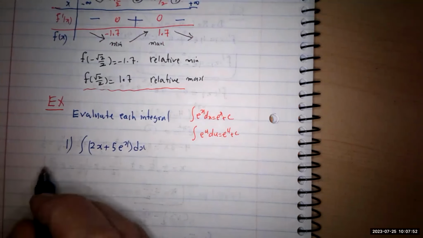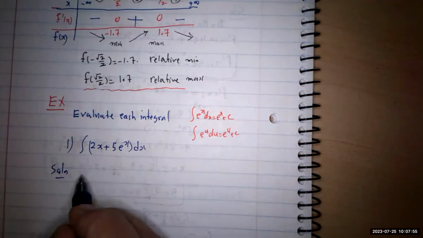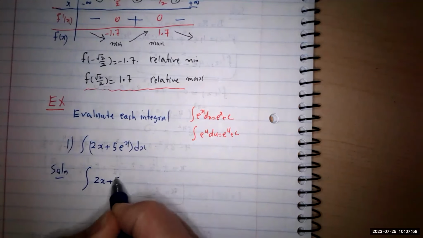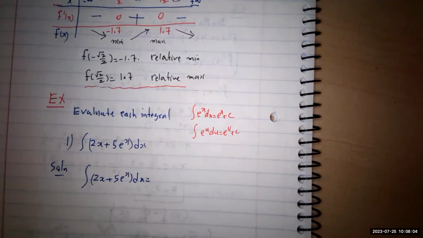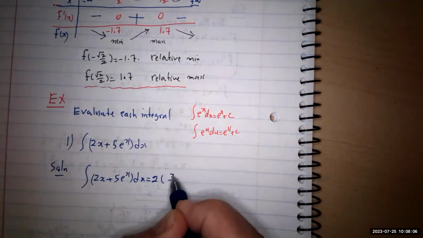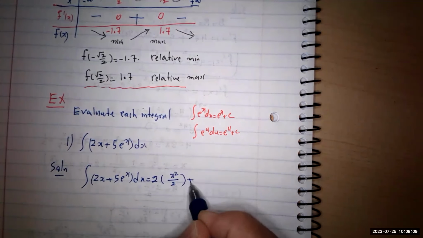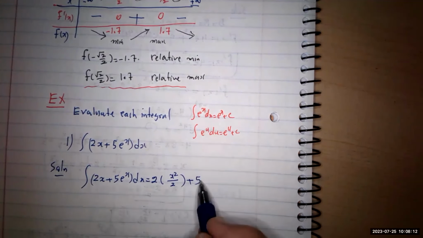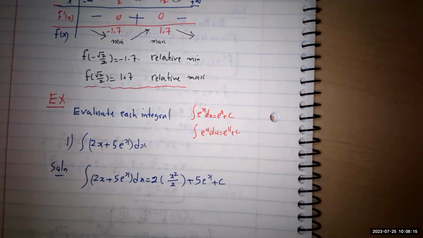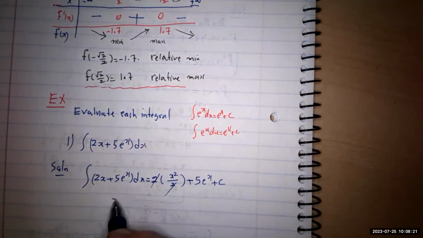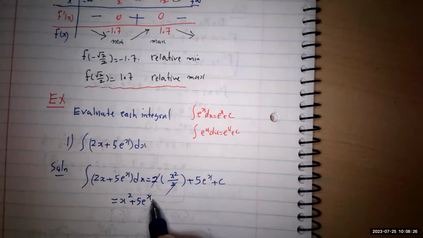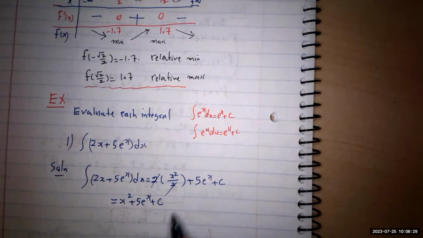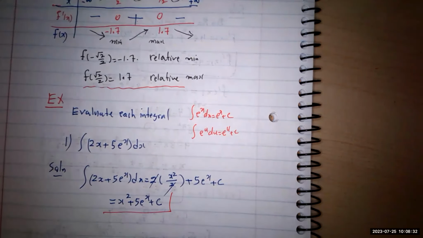Okay, so this is easy. 2 times power up x squared over 2. 5. You see, integral of e to the x is just e to the x. Never change, like differentiation. The only thing that you do, you simplify these two. So the final answer is x squared plus 5 e to the x plus c, and be done. That's a type 1. Any question?